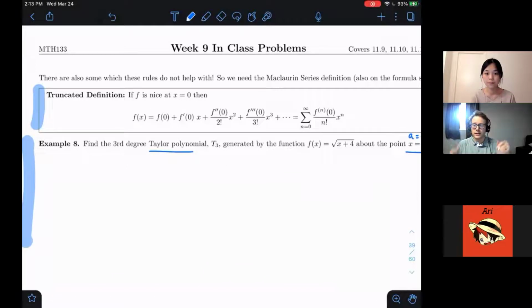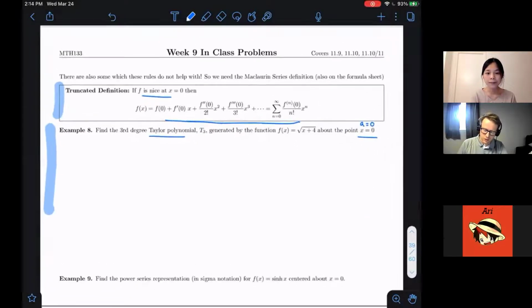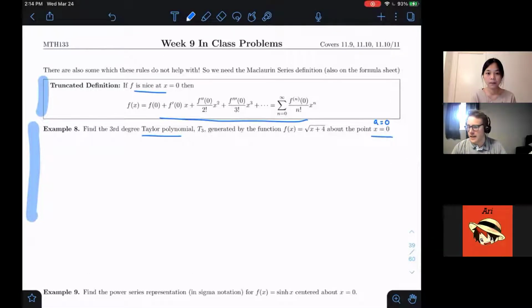So this right here is the definition for the Maclaurin series, or the Taylor series at 0. And you can see this is a truncated definition. I didn't go through all of the hypotheses here. I just said if your function is nice, so long as it's well-defined and you can take derivatives and all that sort of stuff.